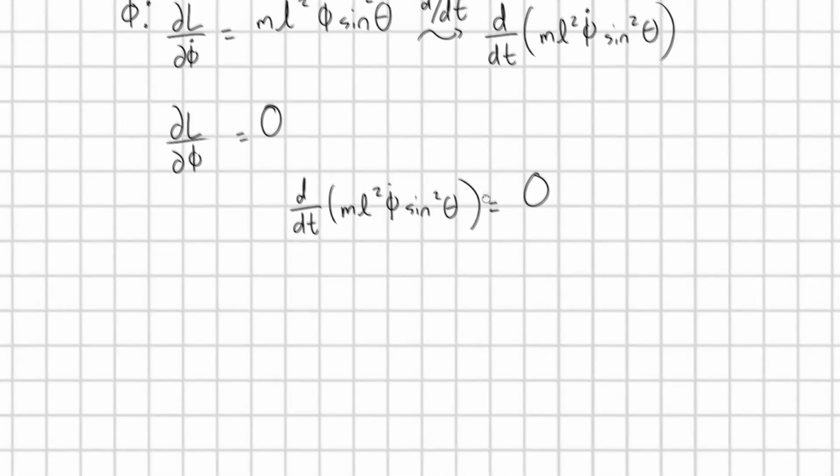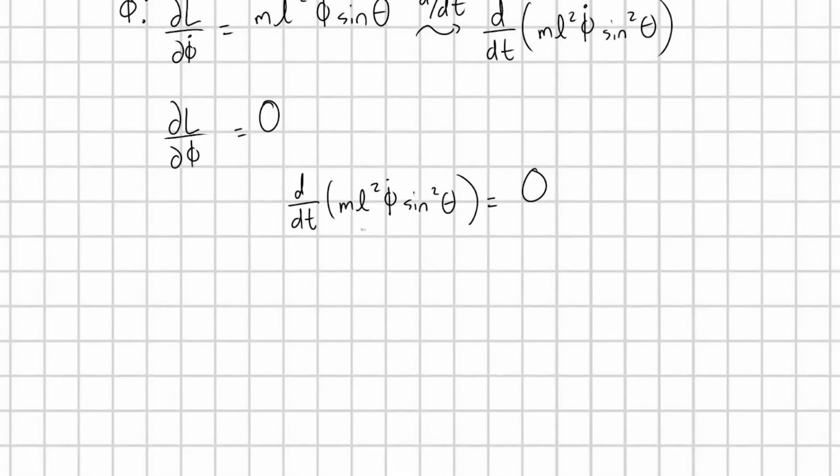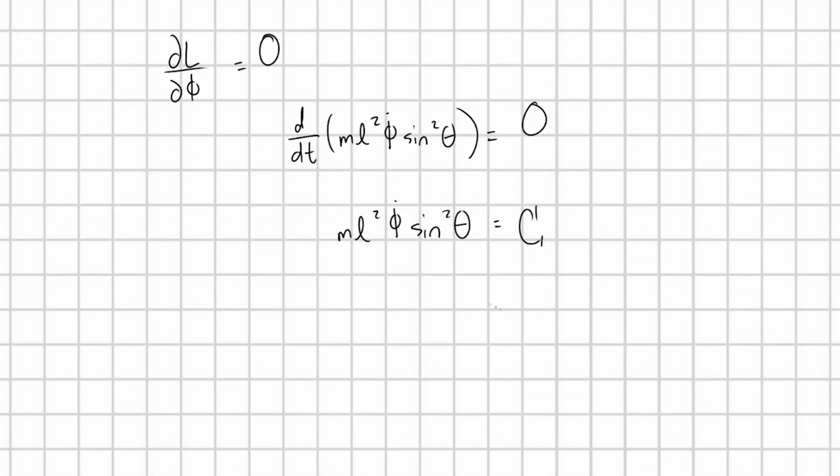Or in other words, if the time derivative of this quantity is 0, then this quantity itself, ml squared phi dot sine squared theta, is equal to a constant. Okay? And what's really interesting, and take a second to verify this for yourself, this is the z component of my system's angular momentum.